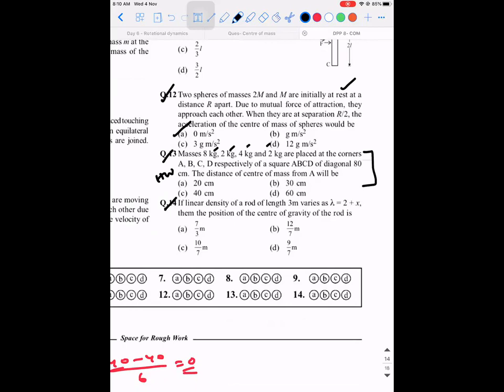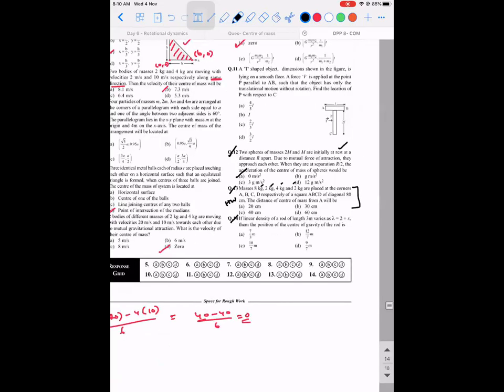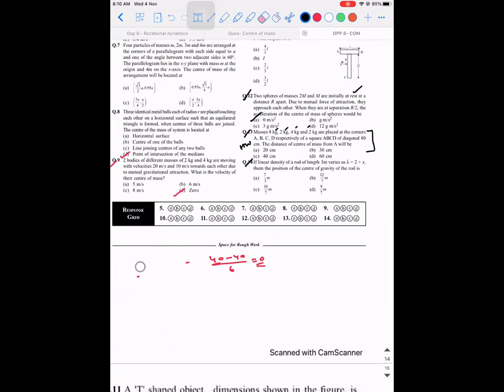Do the 14th one. What do I do? Integral of x dm divided by the total mass.